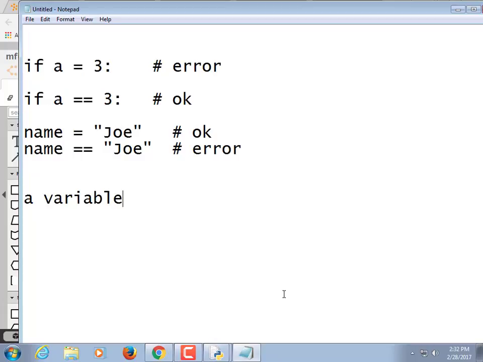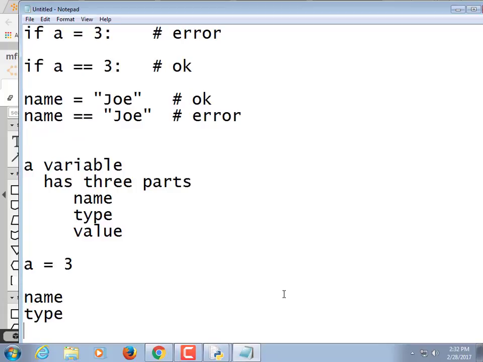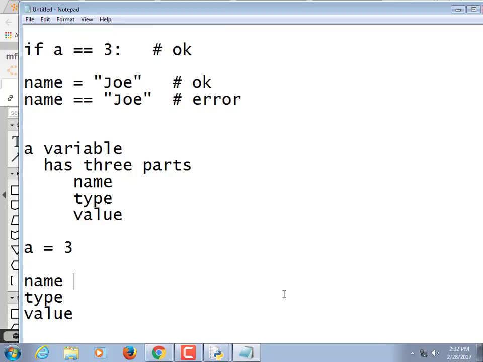A variable has three parts, really. It's got a name, and what else does a variable have? I don't know how many times I've said this. In some classes I repeat it like every day for a while. It's got a name, it's got a type, and then one last thing. I must not have said this every class. Value. That makes sense? So if you have A is equal to 3, what is its name? What is its type? What is its value? Well, its name is A. Its value is 3.